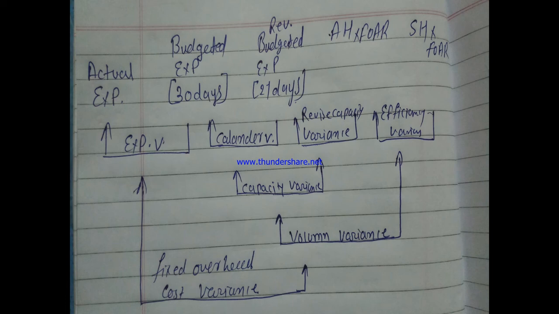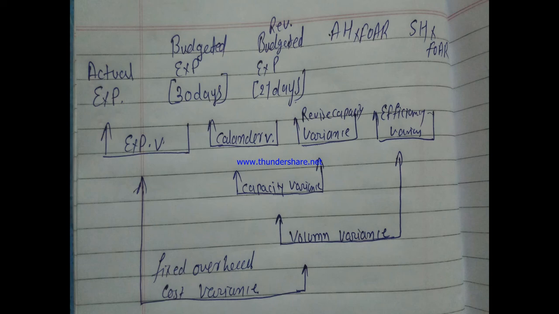If I want to calculate revised capacity variance, at that time column number 4 minus column number 3, meaning actual hour into fixed overhead absorption rate minus revised budgeted expenditure.